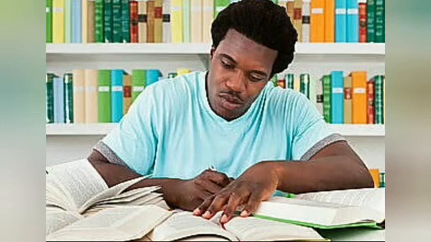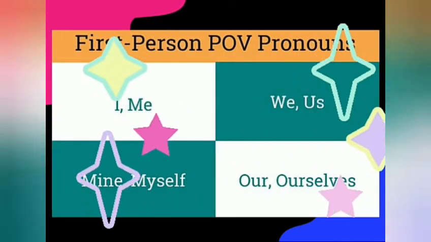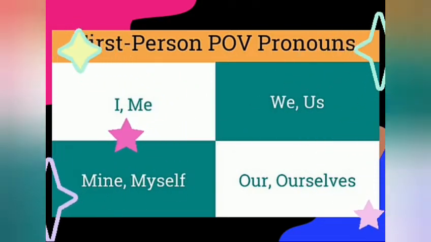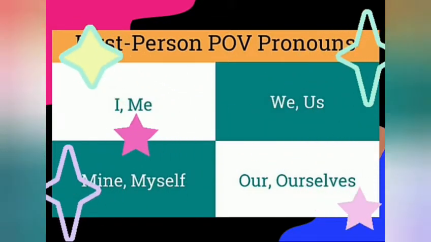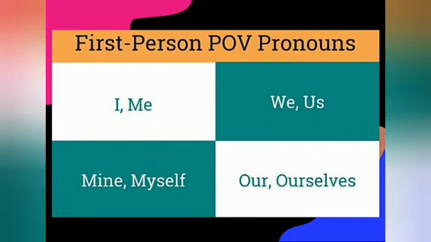The reader, therefore, only knows what this narrator knows. The reader only knows about the events that this narrator knows. The pronouns that the first person point of view we use are these. These pronouns indicate that the narrator is a part of the story.